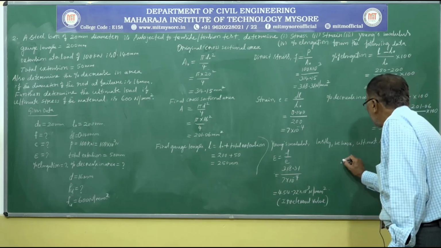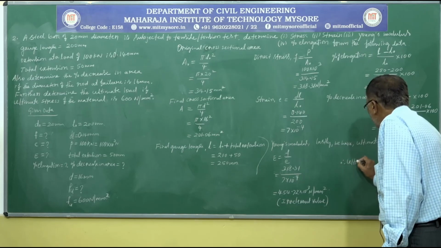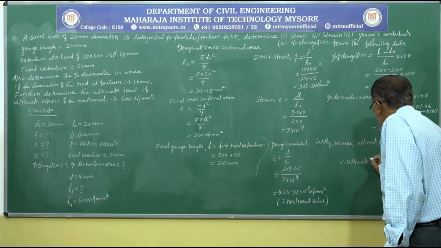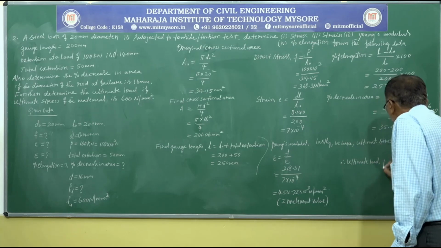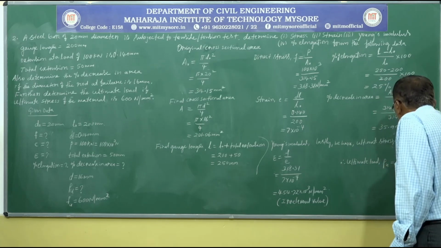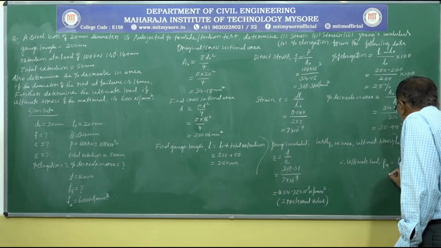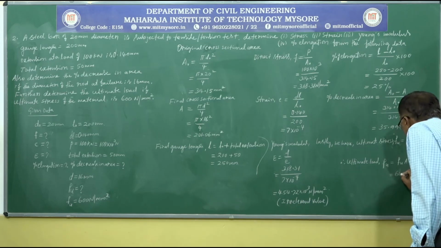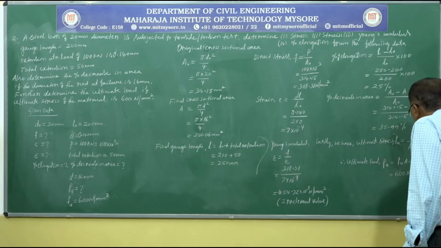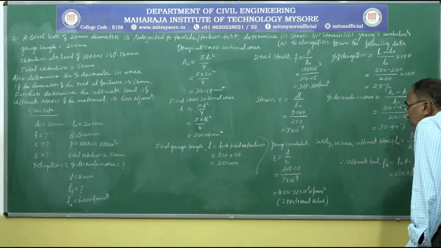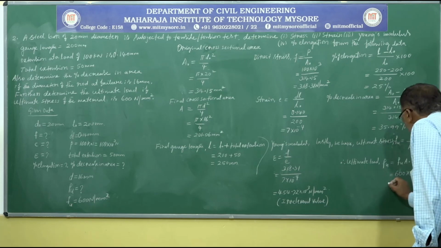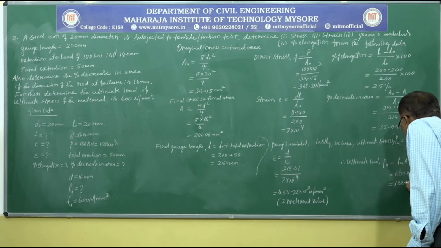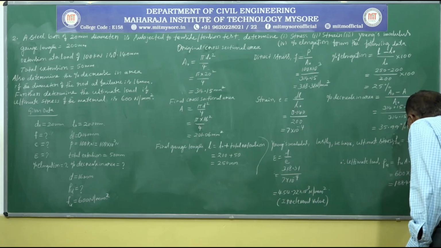Therefore, ultimate load Pu is equal to Fu into A naught, that is equal to ultimate stress given as 600 into A naught, 314.15, that is equal to 188.4 into 10 power 3 Newton.